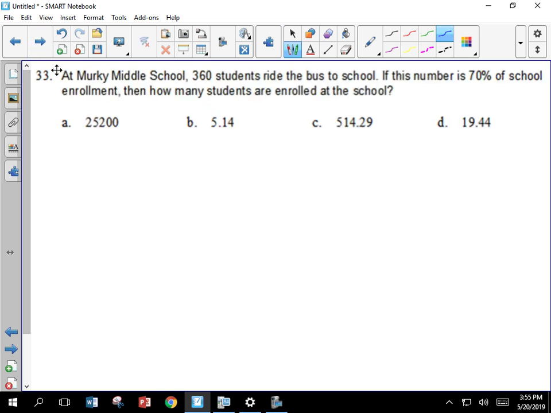All right. At Murky Middle School, 360 students ride the bus to school. If this number is 70% of school enrollment, then how many students are enrolled at school? Now, this one I'm going to use the percent times whole equals part. They told us 70%, so that's pretty easy.